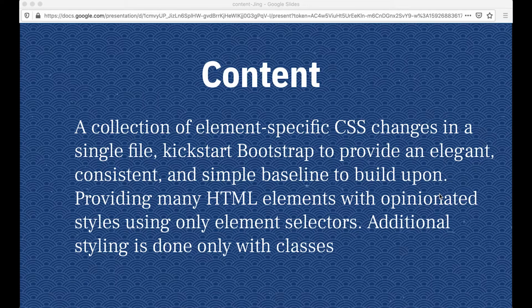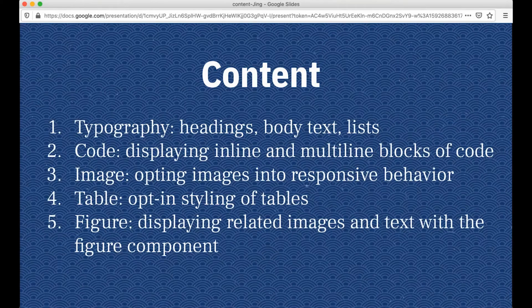A collection of element-specific CSS changes in a single file kickstart Bootstrap to provide an elegant, consistent, and simple baseline to build upon. Providing many HTML elements with opinionated styles using only element selectors. Additional styling is done only with classes. Content is key to the modern UI.